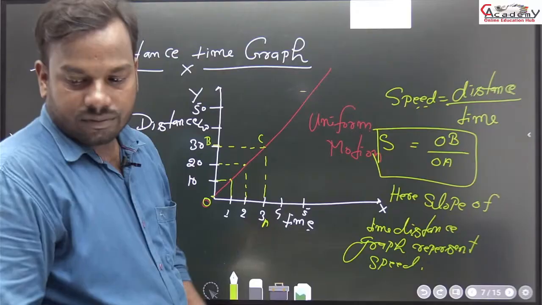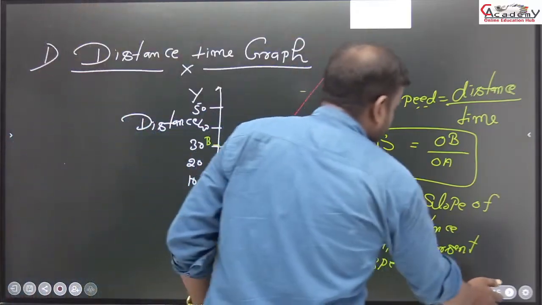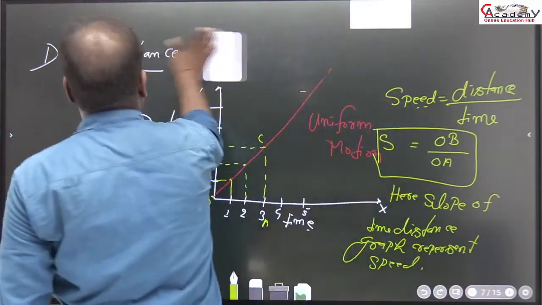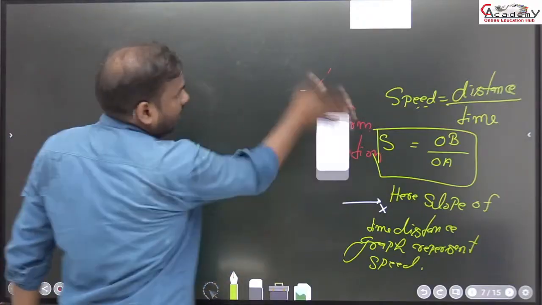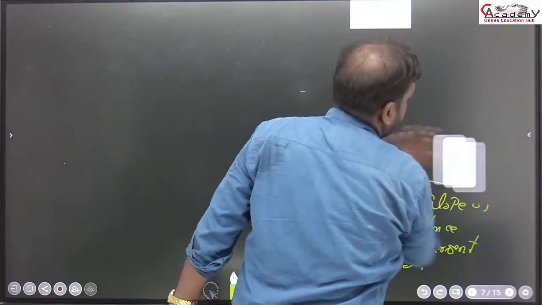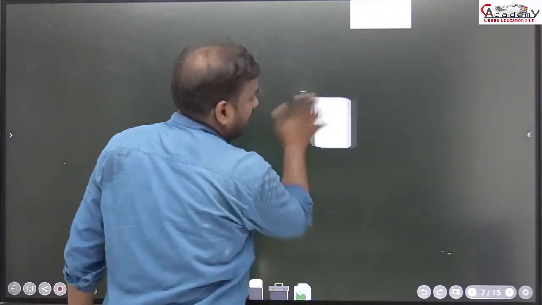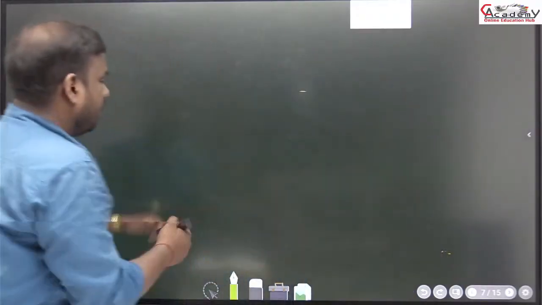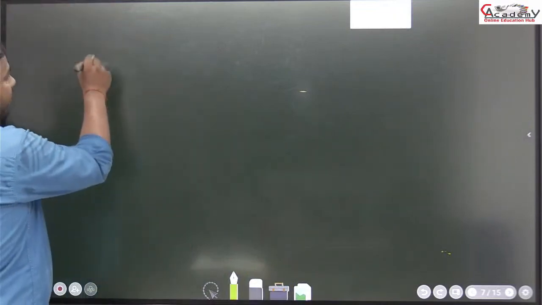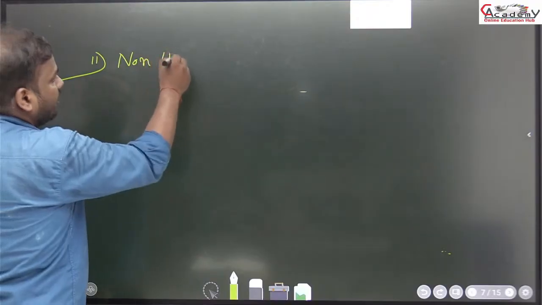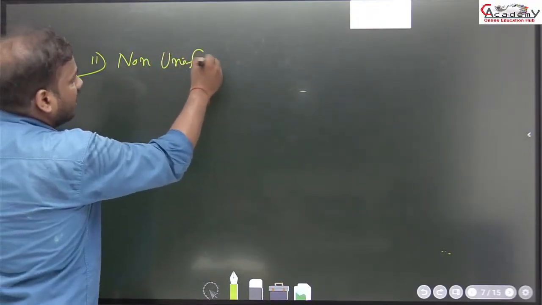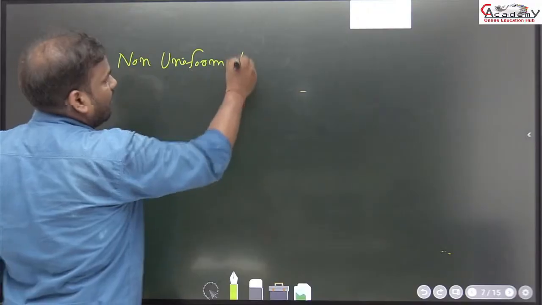Now next is the distance time graph for the second case. First one is uniform motion, second one is non-uniform motion.